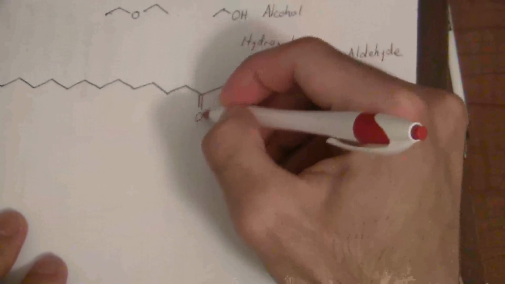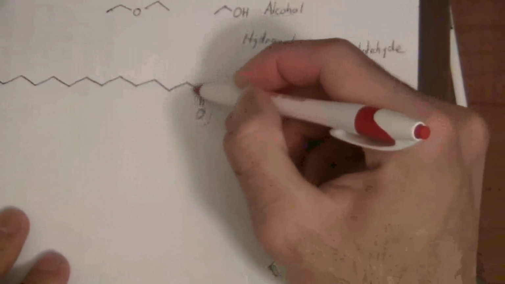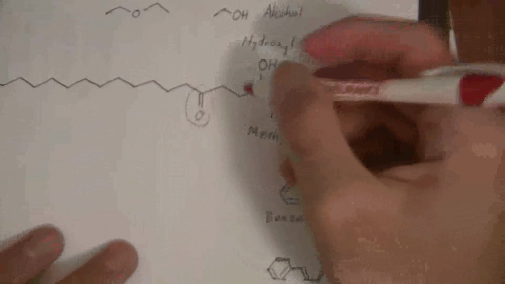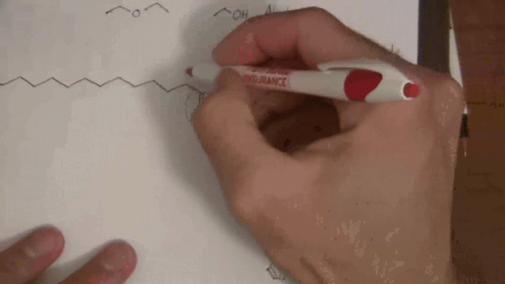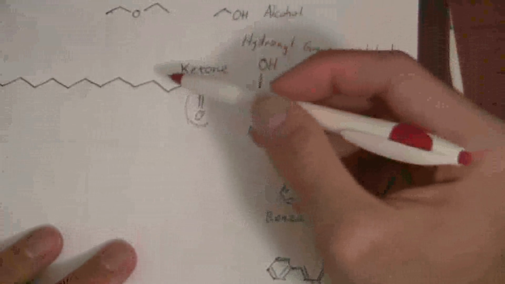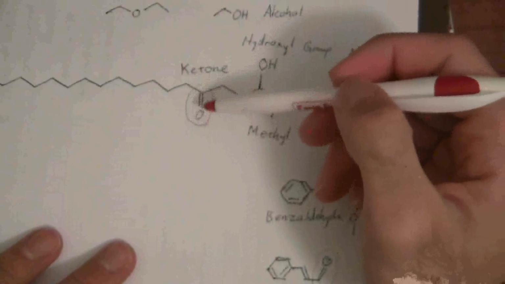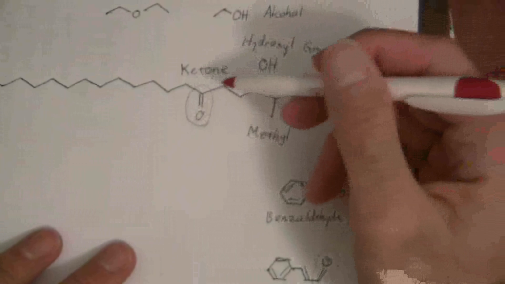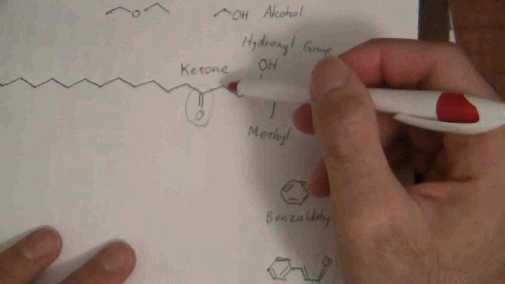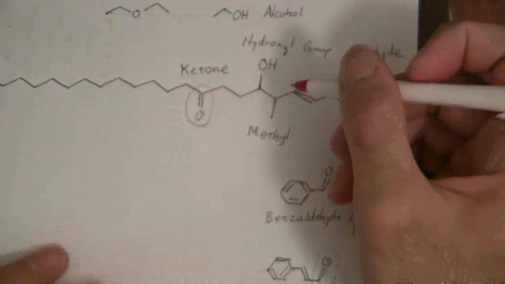I've got two carbon chains, and there's my double bonded oxygen atom. This is called a ketone. Molecules that have this double bond to oxygen in them, where that carbon is connected to two other carbon atoms, make a ketone.